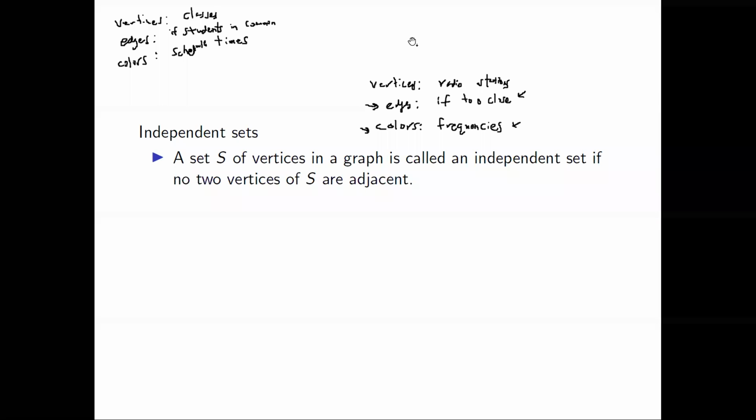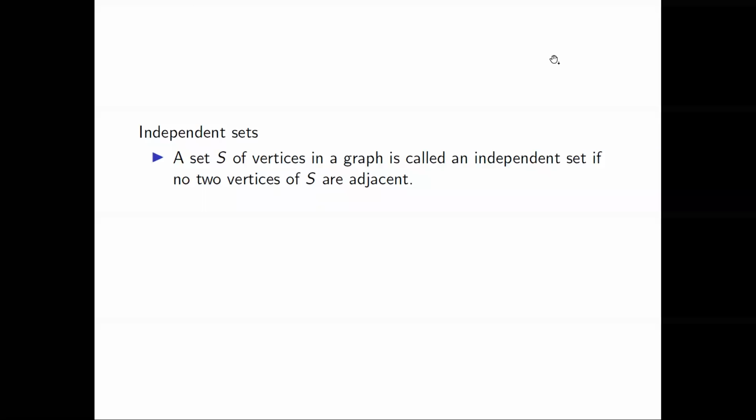And we have a related term. So this term, independent set, we've seen this one before in an earlier video, but just as a reminder, a set of vertices is called an independent set if no two vertices in the set are adjacent to each other. So for example, if you have an empty graph of order n, the vertex set of that empty graph will be an independent set, because an empty graph of order n is a graph of order n with no edges.